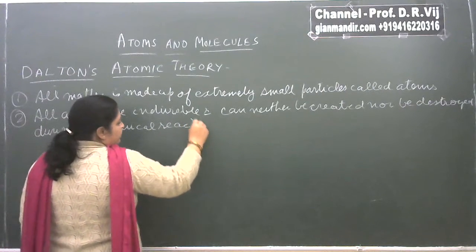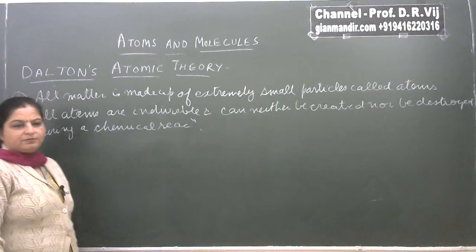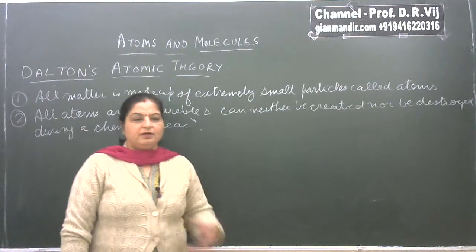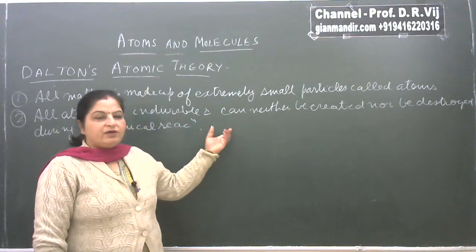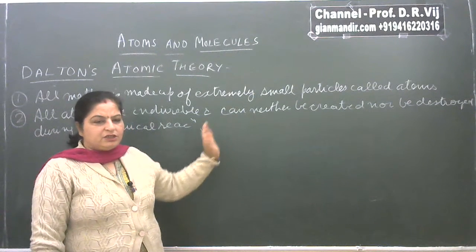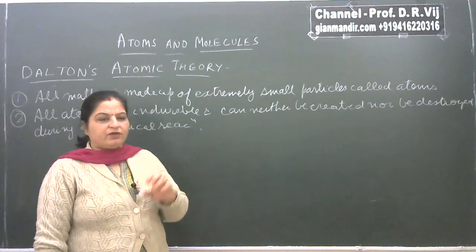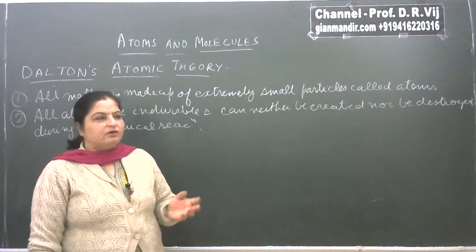Clear? So, during a chemical reaction, no new atom is formed and no existing atom is removed, or you can say disappears. Only the arrangement of atoms, the mutual joining of atoms, changes, right? No new atoms are formed here.